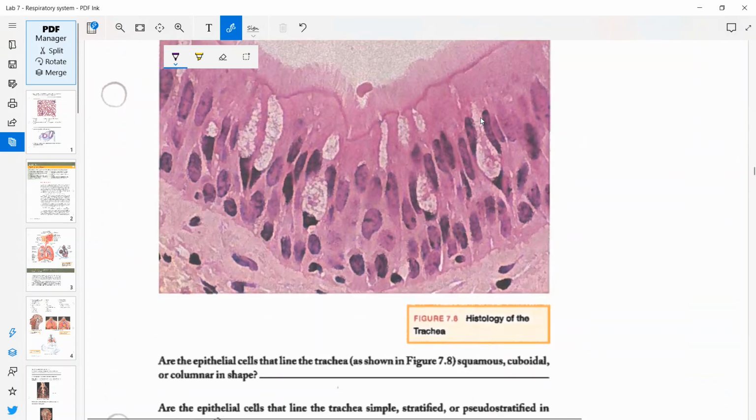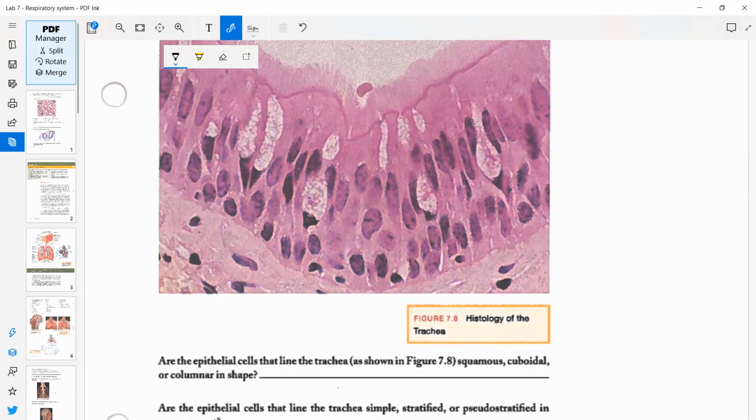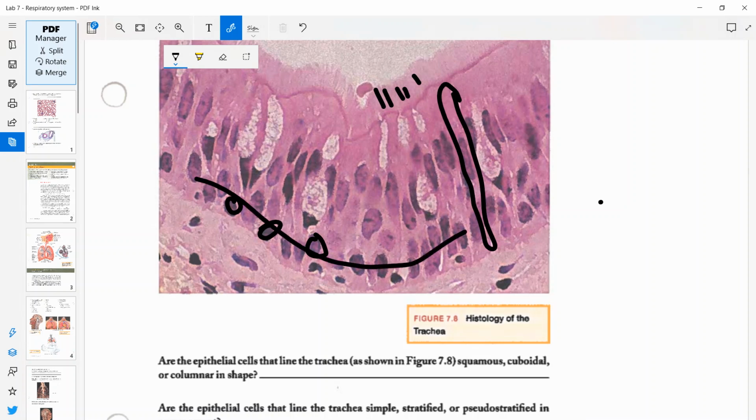So this is the epithelial lining of the trachea. If you look at the shape of the cells, you may clearly notice that these cells are essentially columnar in shape. They're also ciliated. You can see cilia here. Now, simple, stratified, or pseudostratified? That's a good question. Look at these nuclei. Here, here. That's basically one layer of nuclei. That is another layer of nuclei.